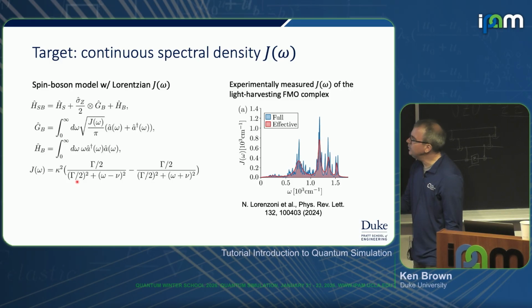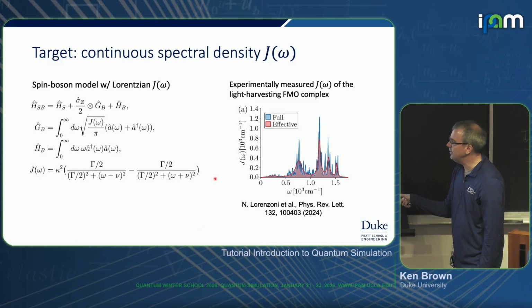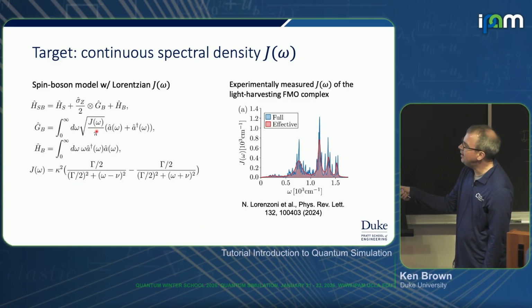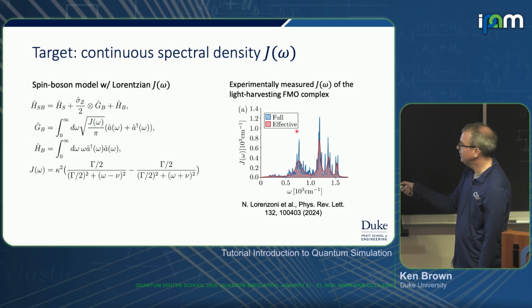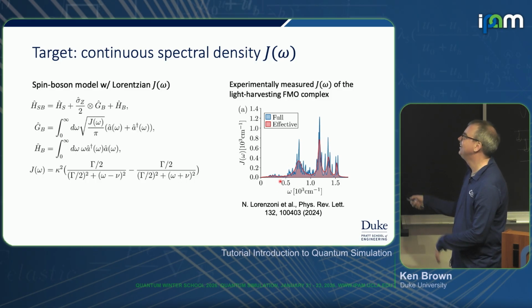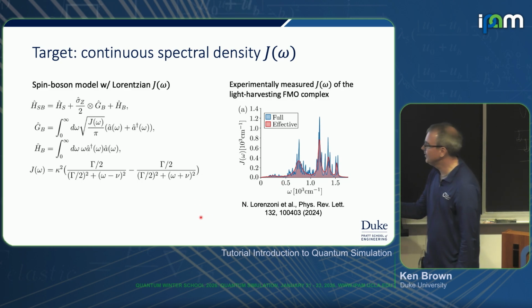And when you look at things like these light harvesting compounds, you actually have a continuous spectral density of noise, of modes. And then you see a ton of spikes. But the good news is, you could capture most of this information, simplify it with just a few oscillators, right?